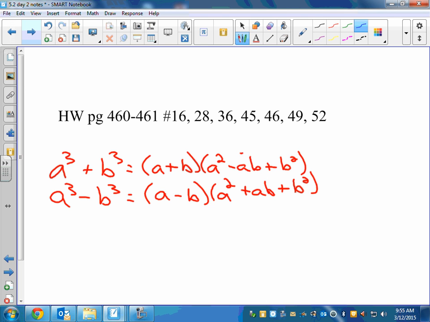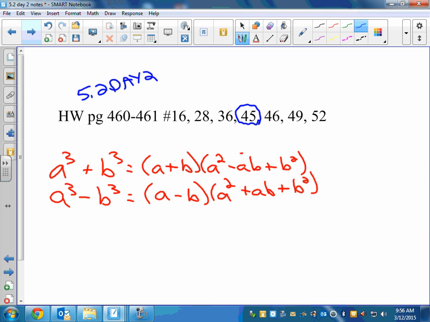Okay, this is homework 5-2, day 2. Number 45 is interesting. At some point you end up with a sum or difference of cubes involving sine and cosine, and I thought maybe I should remind you of this lovely way to factor sum and difference of cubes on number 45.